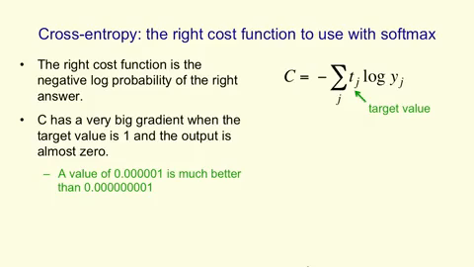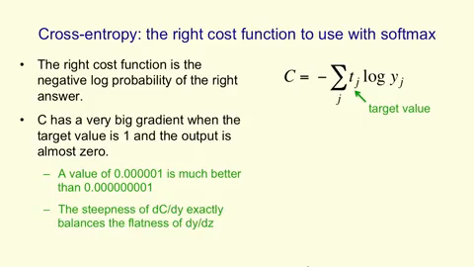That means there's a very, very steep gradient for C. One way of seeing why a value of 1 in a million is much better than a value of 1 in a billion, if the correct answer is 1, is that if you believed the 1 in a million, you'd be willing to bet at odds of 1 in a million, and you'd lose $1 million. If you thought the answer was 1 in a billion, you'd lose $1 billion making the same bet.